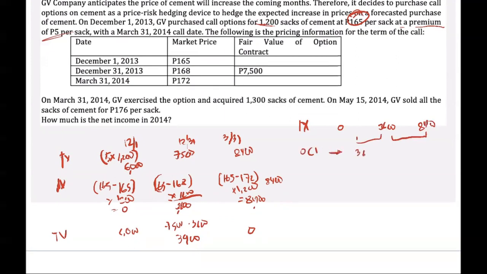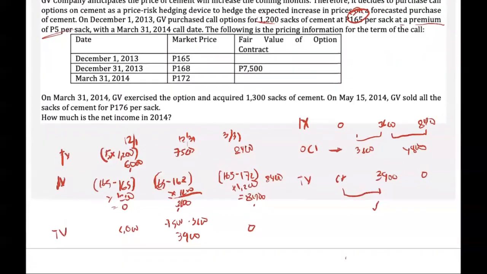There is an increase, 3.6 gain. There is another increase, 8.4 less 3.6, 4.8. So this is placed in your OCI. Time value, initially we have 6,000, and then we have 3.9, and then we have 0. So we have here a loss amounting to 6,000 less 3.9, 2.1, and this is 3.9 loss again.